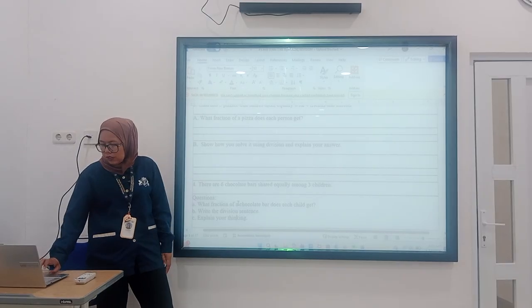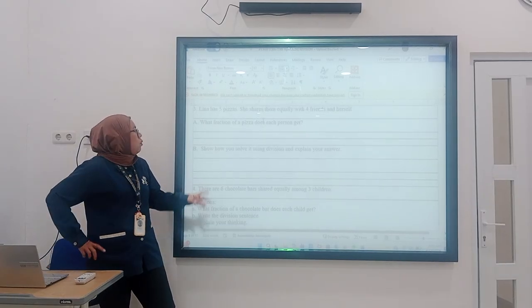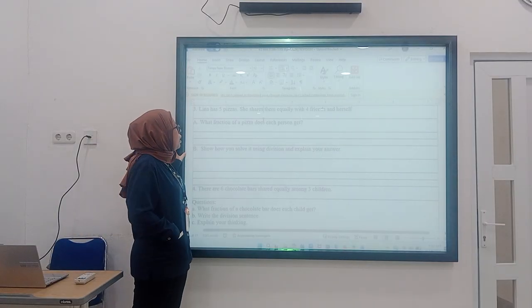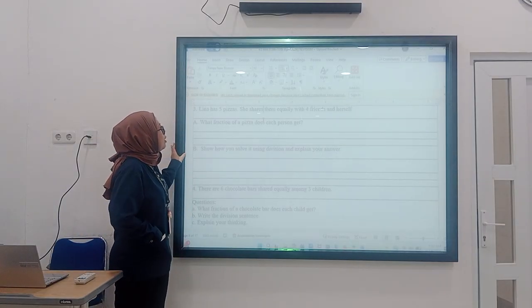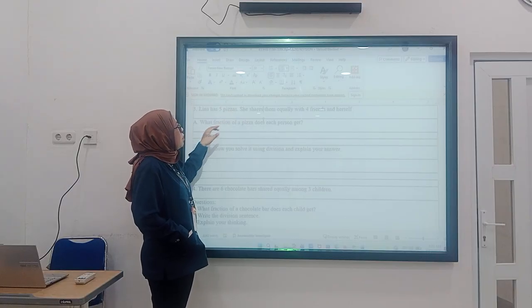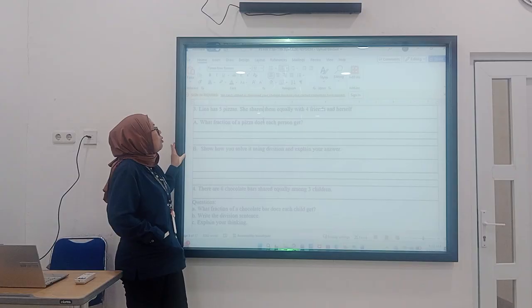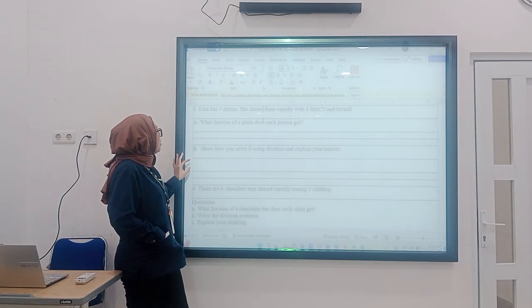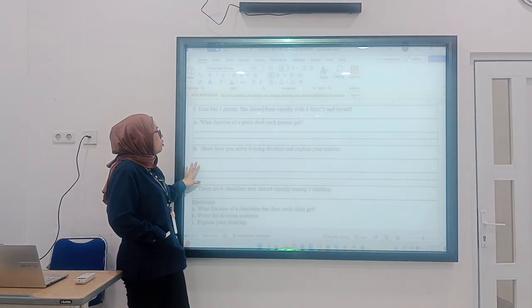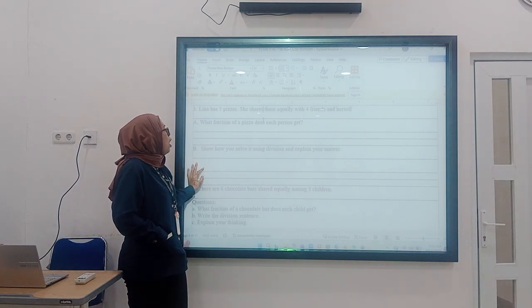And then number 3, Lina has 5 pizzas, and she shares them equally with 4 friends and herself. What fraction of pizza does each person have? So she shares them equally with 4 friends. Then show how you solve it using division and explain your answer.